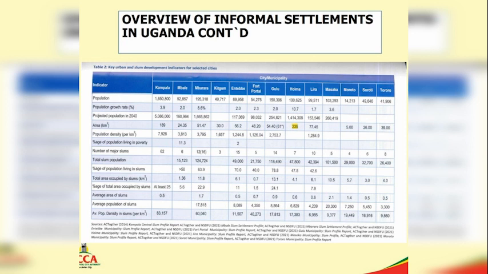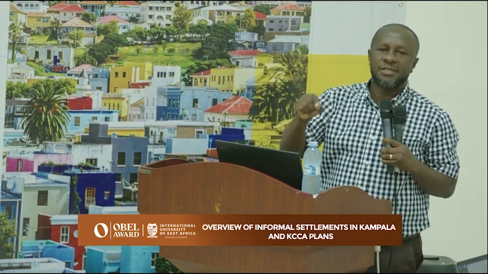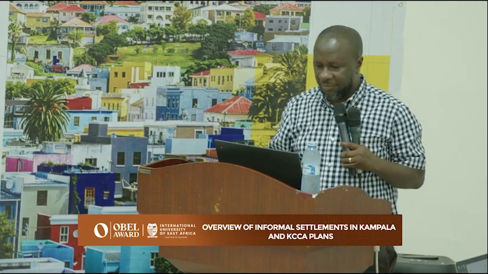What they are trying to build is that the issue of informal settlements is real. Government has recognized that it is real, and there has to be a solution that government has to come up with.